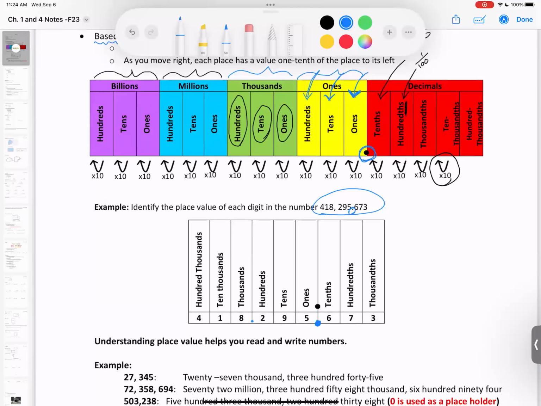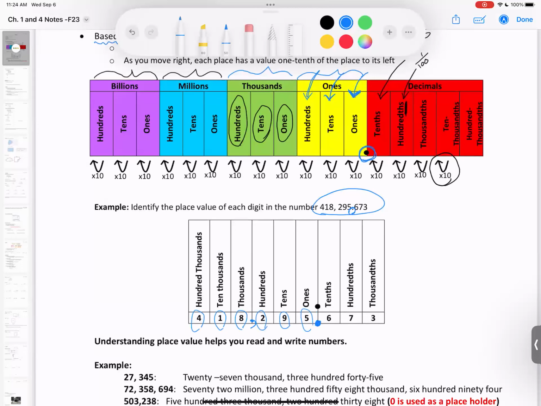Sometimes, especially in handwriting, you'll see they write a comma between every 3 digits. And then from our decimal place, we can label it as you see above in that chart. So we've got the ones. Here we're talking about 5 ones, 9 tens, 2 hundreds, 8 thousands, 1 10,000s, and 4 100,000s.